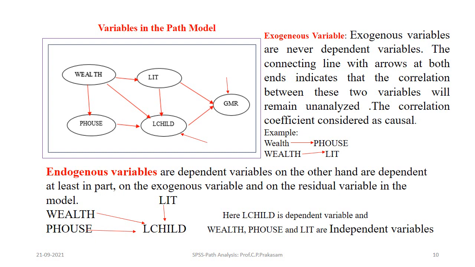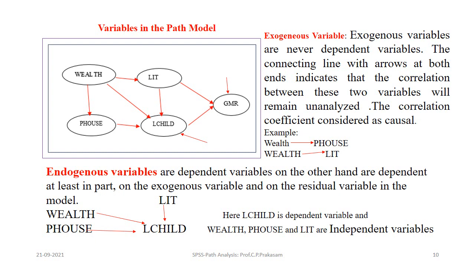Endogenous variables are the dependent variables. They depend, at least in part, on the exogenous variables and the residual variables in the model. If you look at this, the arrow from wealth is shooting down to L child, that is the family burden, and Pakka houses is shooting down to L child, and literacy is pointing to the family size.